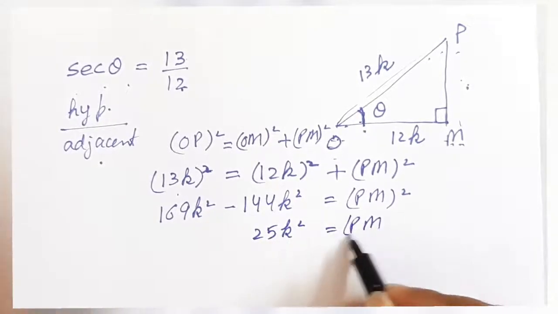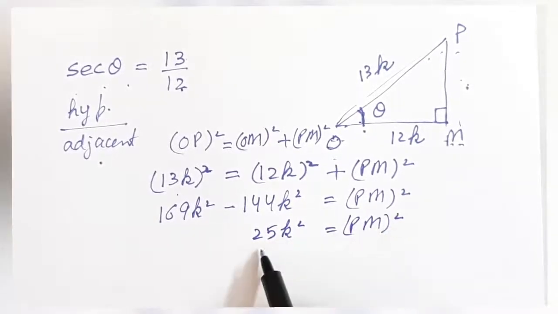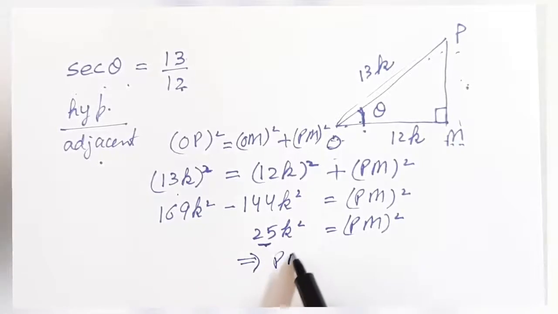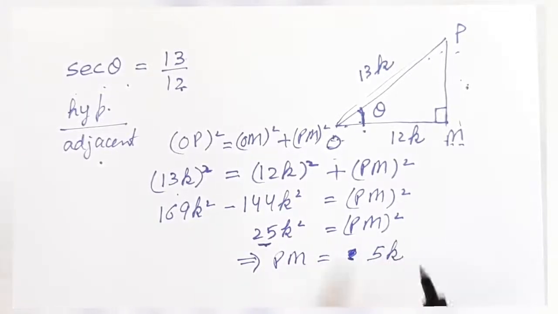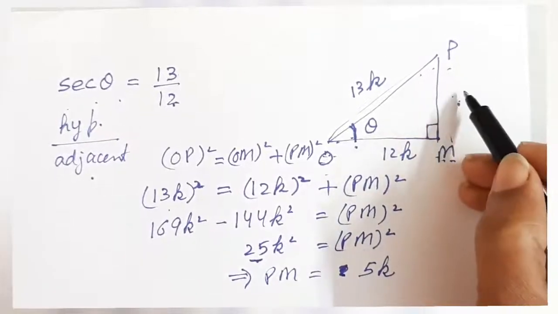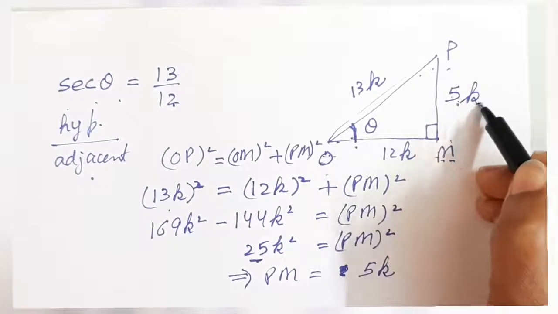So what is the value of PM now? Now 25 is a square of 5. So therefore this implies PM is equal to 5K. Clear? So that means in the diagram here I can write 5K.